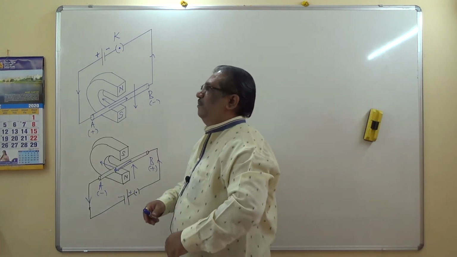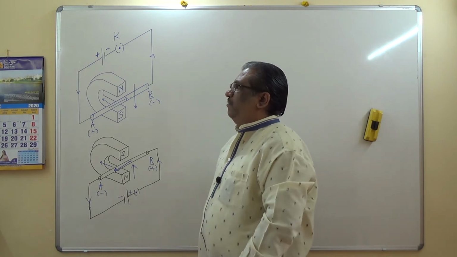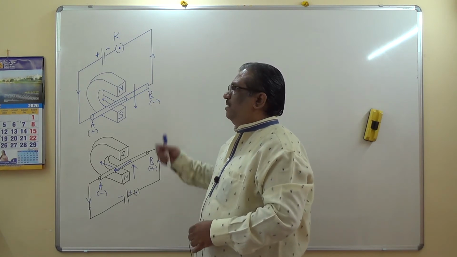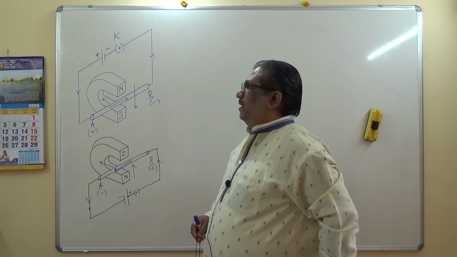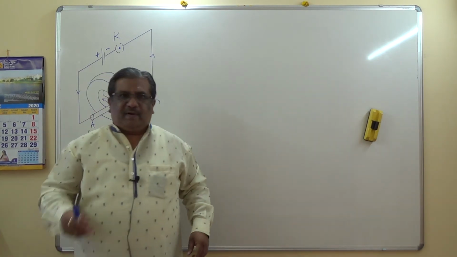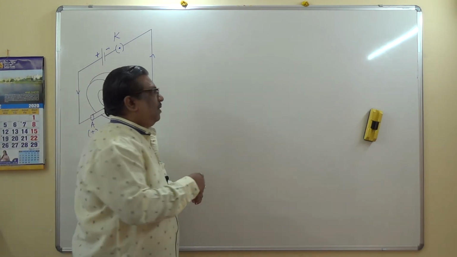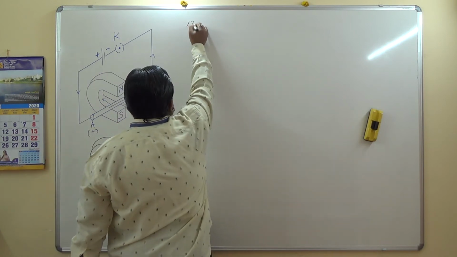So let us see now, one numerical is there. An electron enters a magnetic field at right angles to it, as shown in the figure 13.14. The direction of force acting on the electron will be, that is the question asked. So let me draw the diagram here. This is example number 13.2.